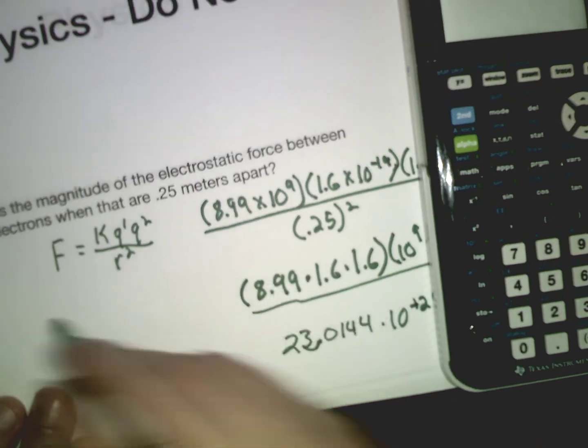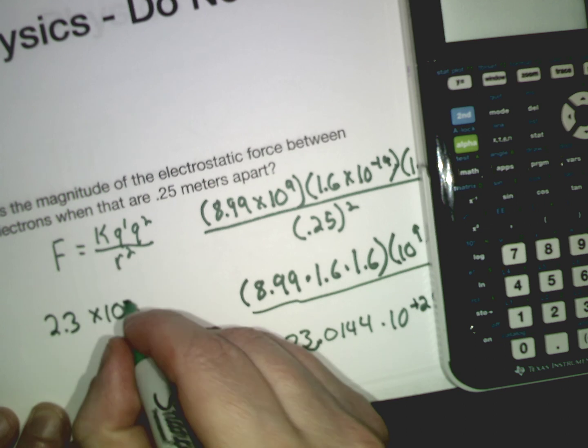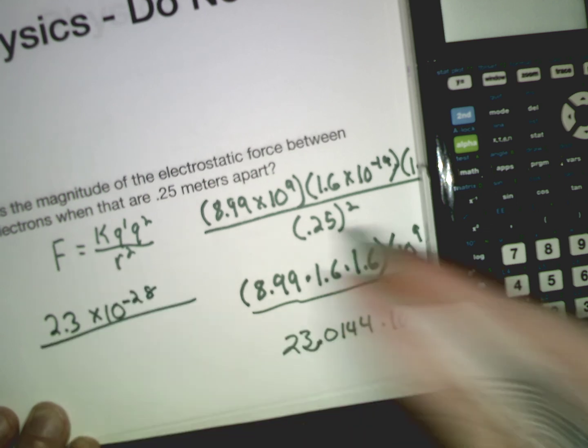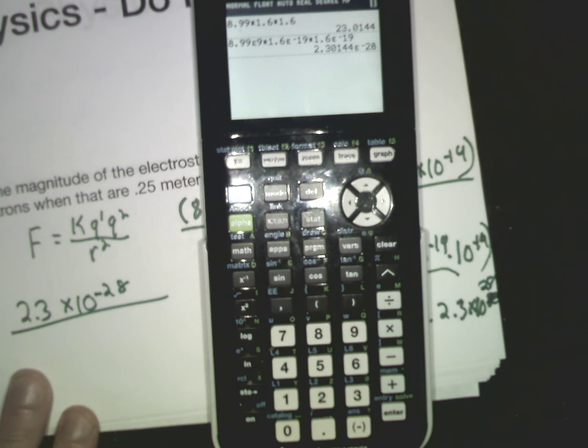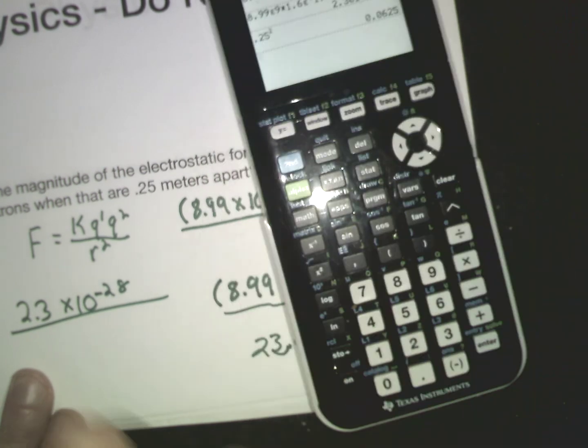So I have on top, the top number here is 2.3 times 10 to the negative 28. I still haven't done the bottom yet, but that's pretty simple. 0.25 squared is 0.0625.